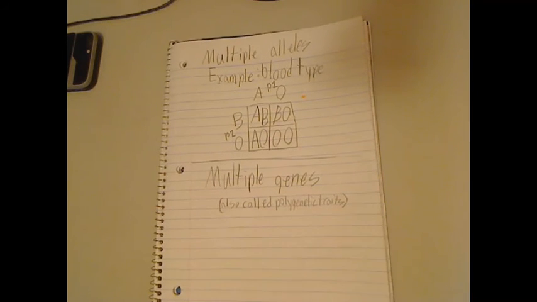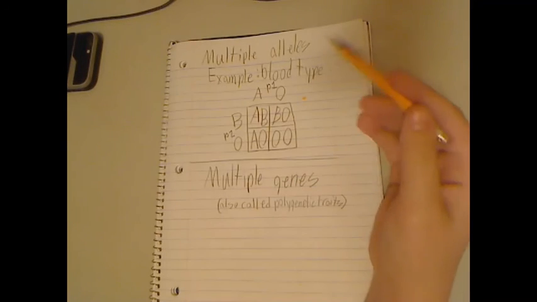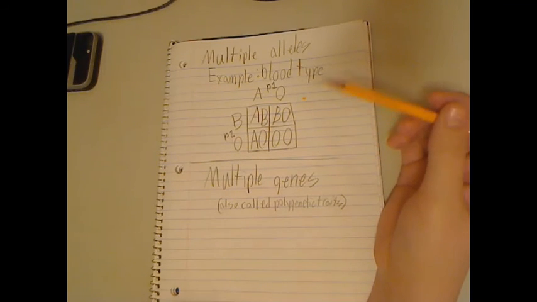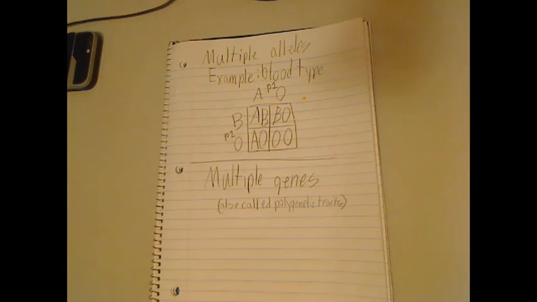And sometimes, compared to having multiple alleles, there also might be, and this is a separate concept from multiple alleles entirely, multiple genes, also called polygenic traits when dealing with the phenotypes, where multiple genes might influence a specific phenotype.